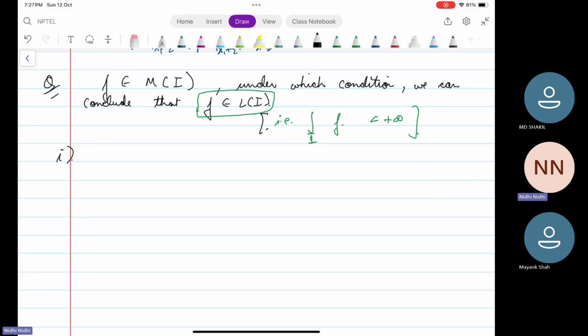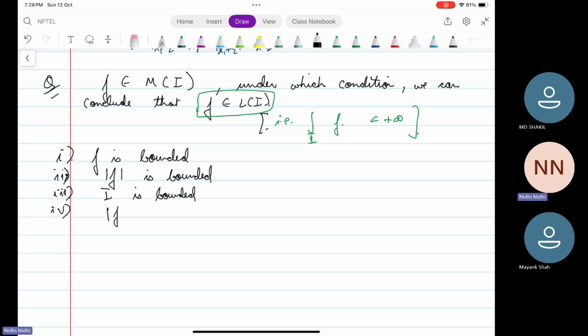So the first point says that when f is bounded, since we don't know anything about this function, this set I can be some unbounded set also. Mod f is bounded. Then we have this set I is bounded, saying that mod f belongs to L1.